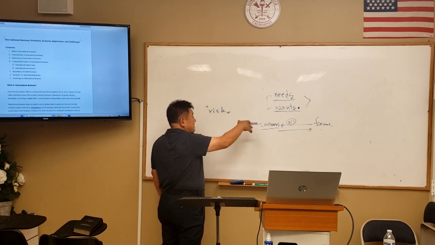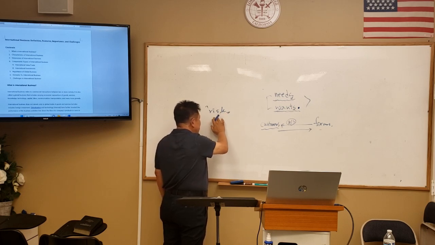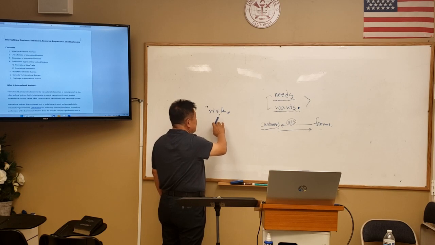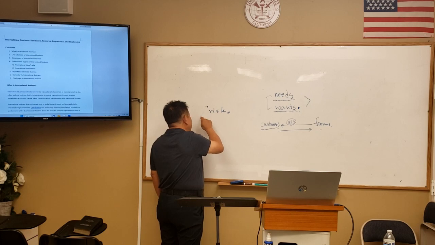Let me introduce risk. Every operation in international business is related to risk. The focus is how we can escape the risk, especially in investment. At this point we think about two things: risk and uncertainty.